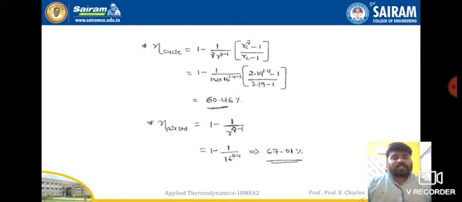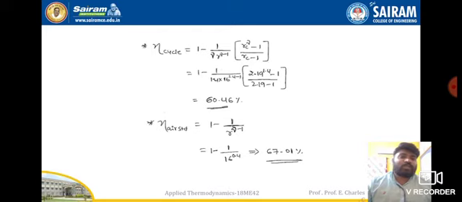Next, moving on to the cycle efficiency. Efficiency of diesel cycle is 1 minus 1 divided by r to the power of gamma minus 1, into gamma times (rc to the power of gamma minus 1) by (rc minus 1). Here rc is the cutoff ratio. Sometimes we take it as rho, or it is rc.